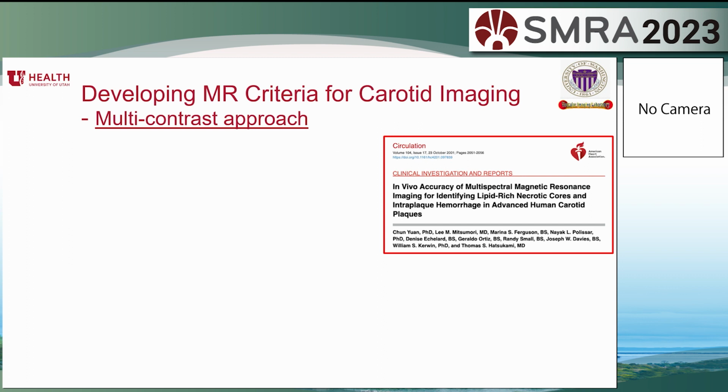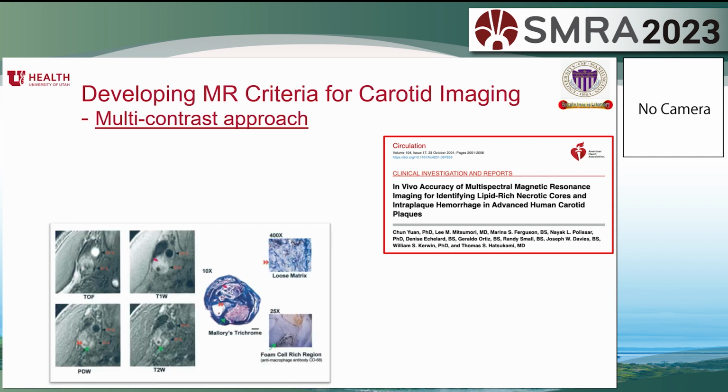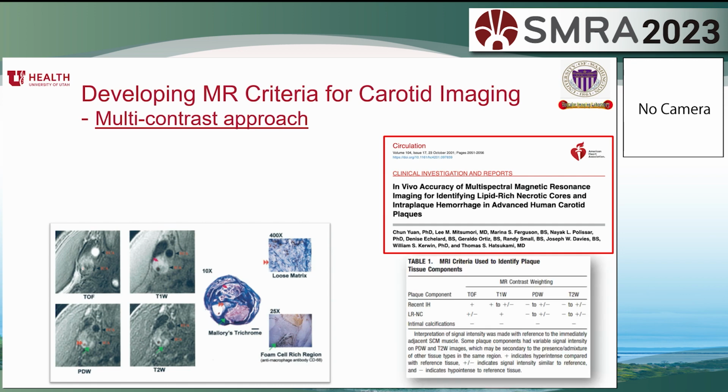So from there, a series of work actually gets published. This is one in 2001, on multi-contrast vessel wall imaging, a publication in Circulation. This is a picture that we included, looking at intraplaque hemorrhage, and also looking at loose matrix and other tissues of plaques.